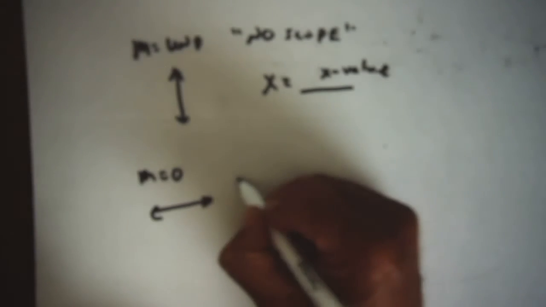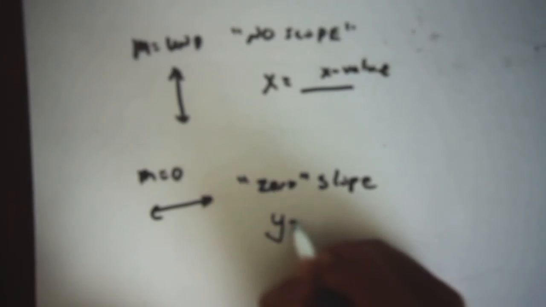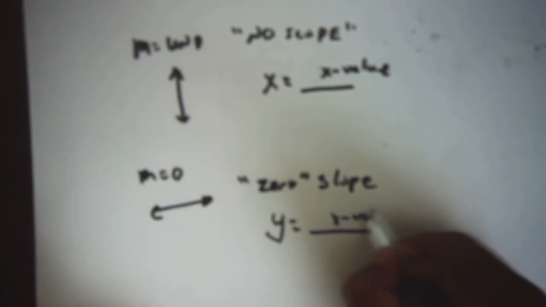It's x equals some x value. Slope is 0, horizontal line, and it has a y equals some y value equation. So x equals a number or y equals a number.